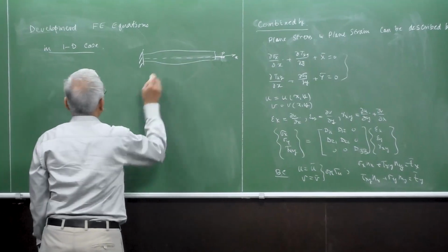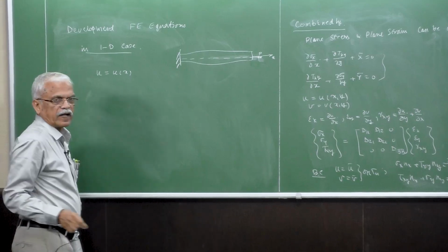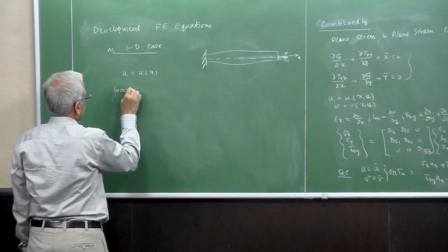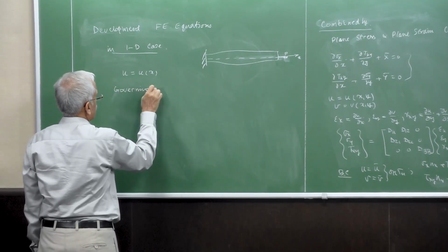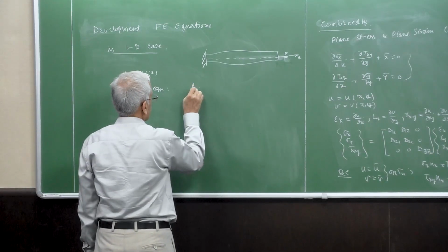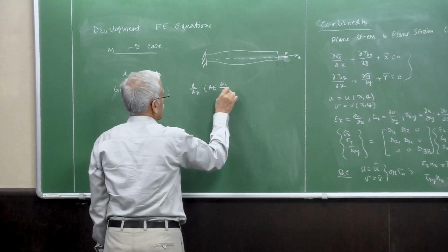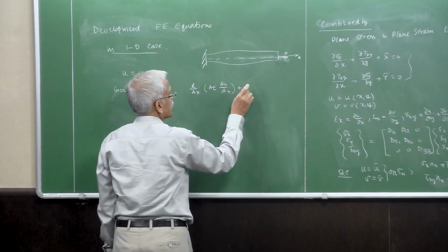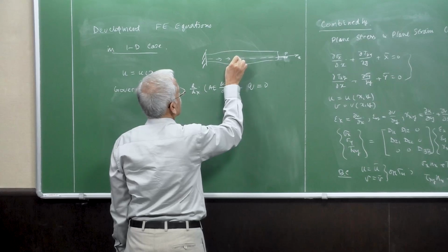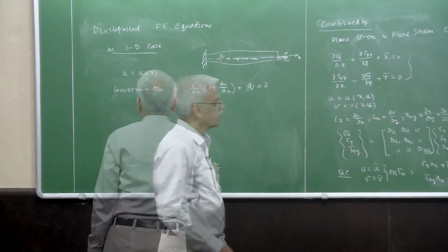We have the displacement u of x, and the governing equation is d dx of AE du by dx plus q, where q is the distributed load.